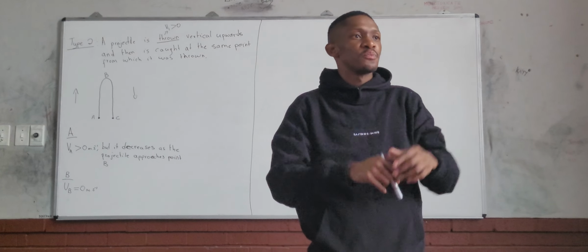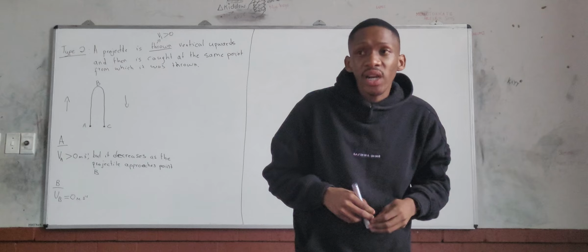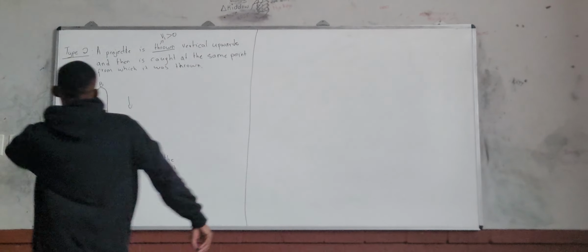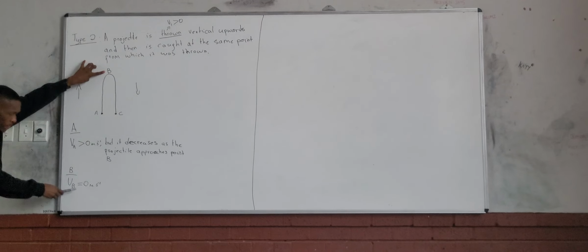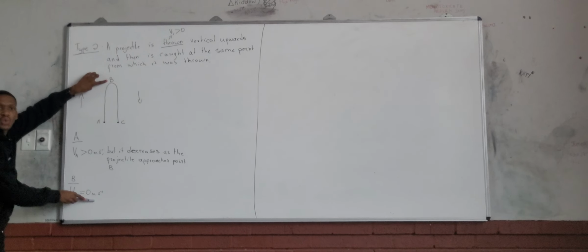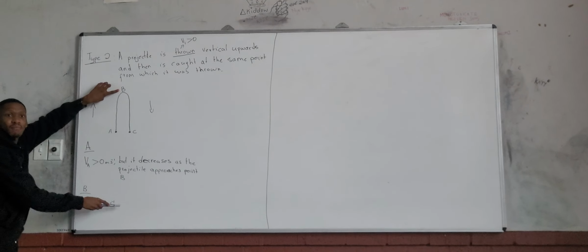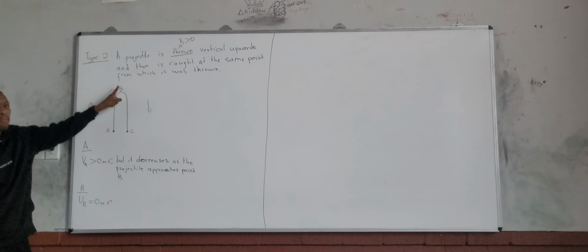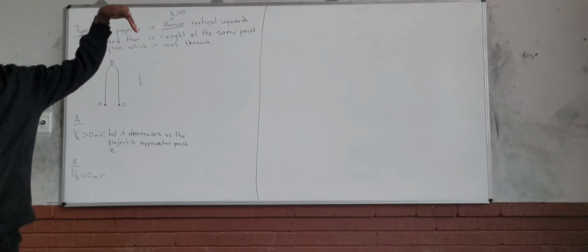To stop. So the velocity of our projectile at point B must be equal to 0, just so that our projectile is able to do what? To change direction.